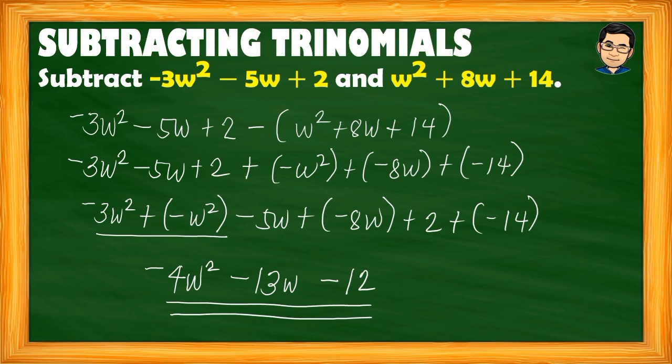So, our final answer will be negative 4w squared minus 13w minus 12. So, if you will be subtracting this given vertically, you will still get the same answer as negative 4w squared minus 13w minus 12. Wala namang mag-iiba.